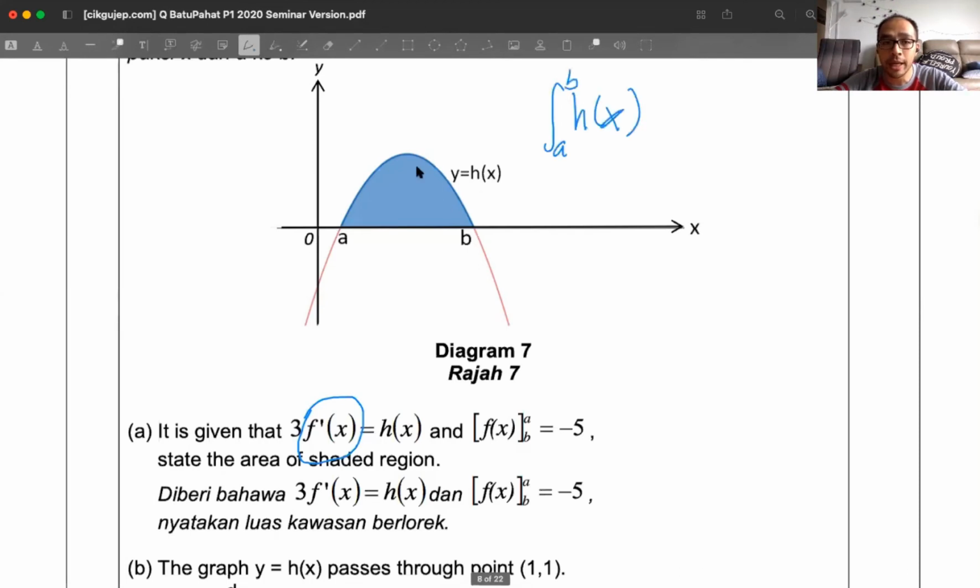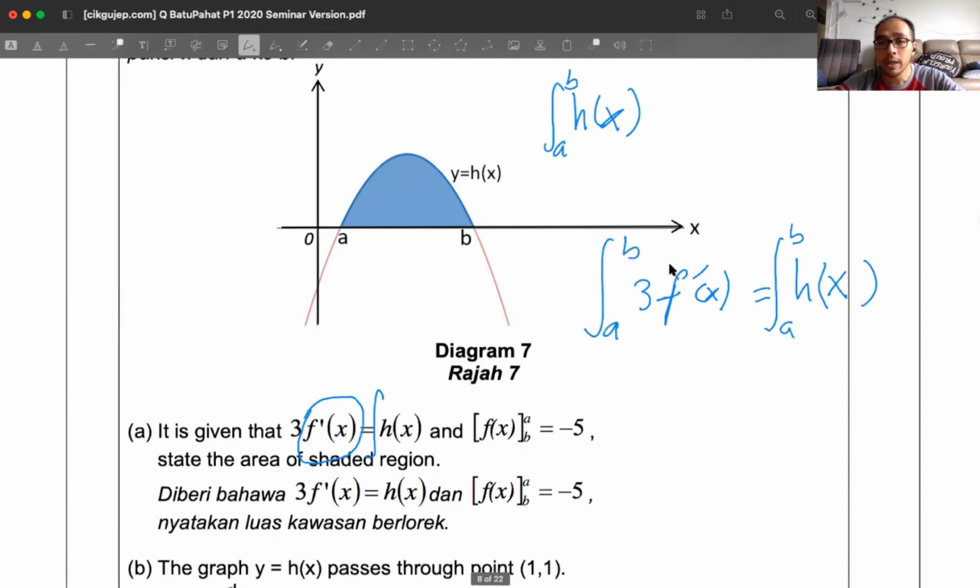If I integrate hx from a to b, then I will get this area. Now, if I have 3f prime x equals hx, and I integrate the left side, I must integrate the right side, correct? And let me integrate this from a to b.